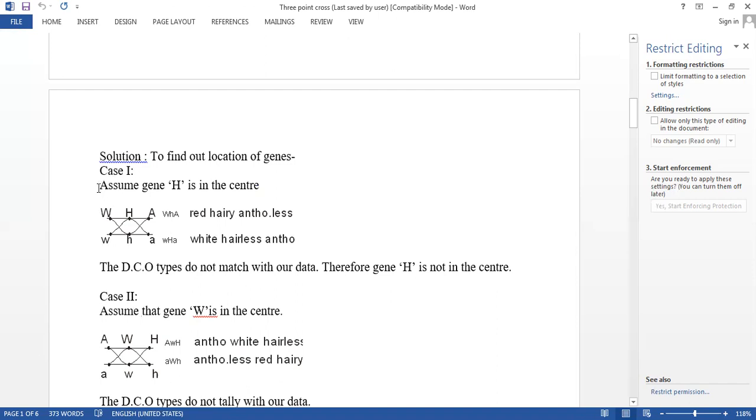Case 1, assume that gene H is in the center. So how to write it? Capital W, capital H, and A. Small w, small h, small a. Now, we have to show a double cross. How will the double cross go?